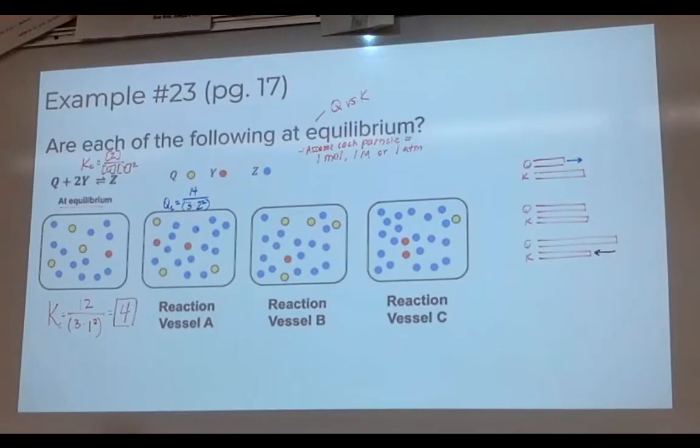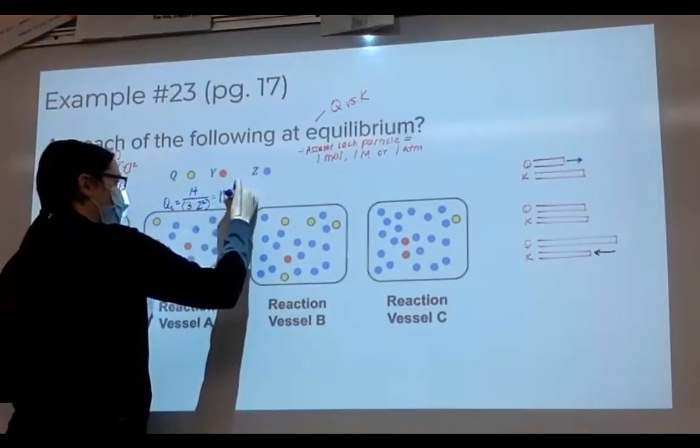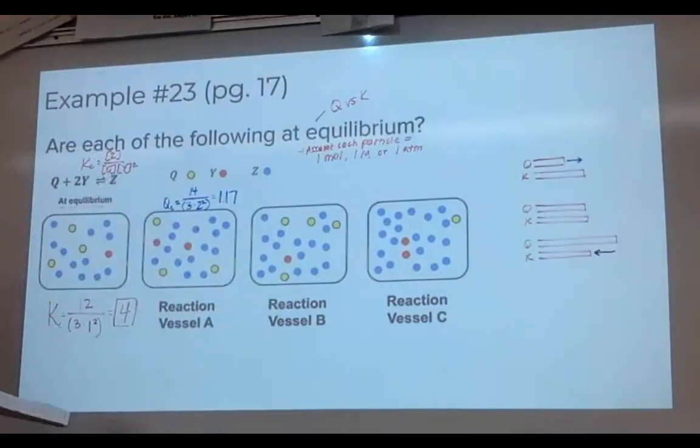So then you're calculating Q, 14 divided by the quantity 3 times 2 squared. So what is that, 14 divided by 12? Q is 1.17.